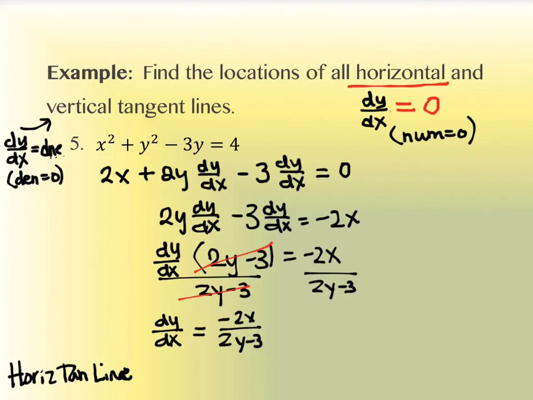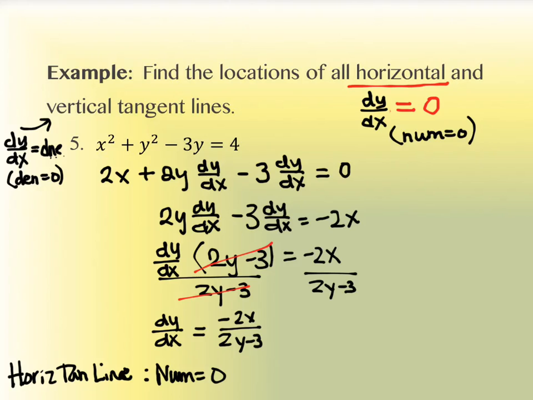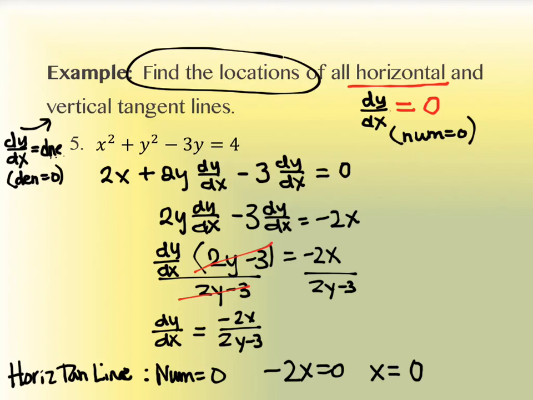So I'm going to have a horizontal tangent line when my numerator is equal to 0. So my numerator is equal to 0 means that I have the negative 2x equal to 0, which means x is what? 0.